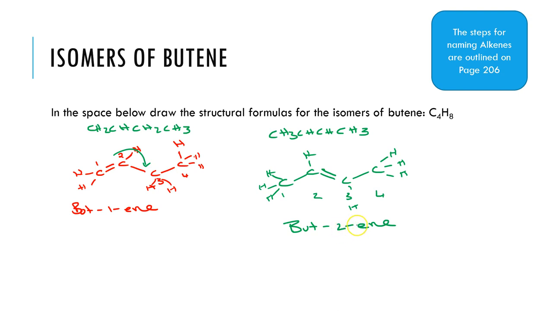Of course, as we did with the alkanes, I can actually remove one of my methyl groups here and move it into somewhere else in the molecule. So now I can place my CH3 group up here. I still have 4 carbons. I'm going to put in my double bond.